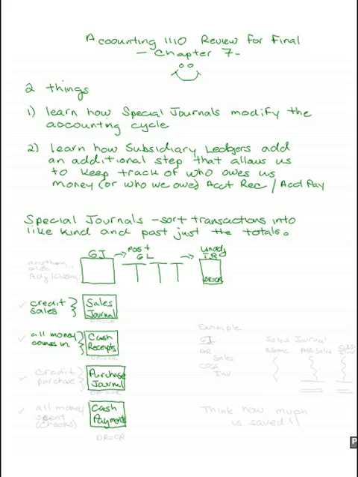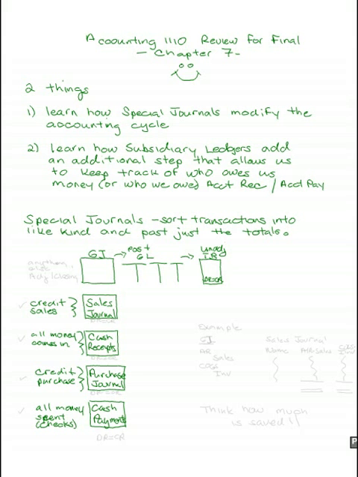A purchases journal is where we record all credit purchases. So if you buy anything at all on accounts payable, it goes in the purchases journal. And the cash payments journal is where all money spent is recorded. Usually, this is checks. So it pretty much becomes a check register.